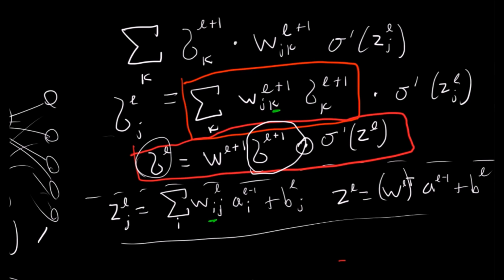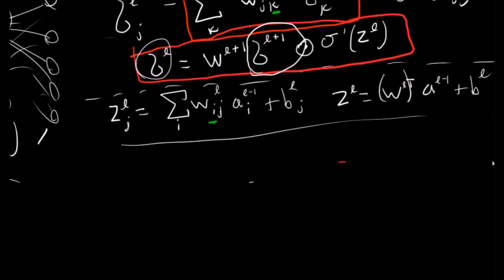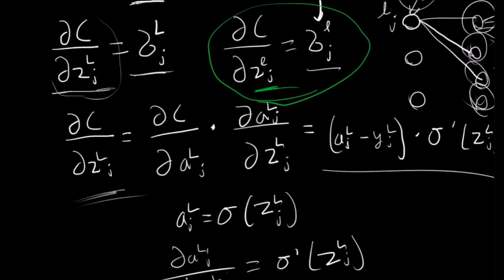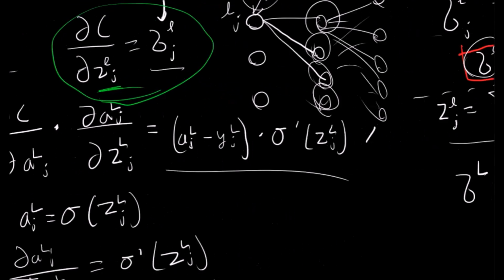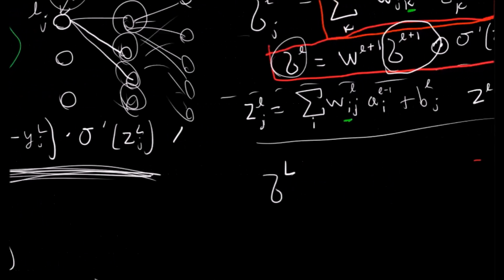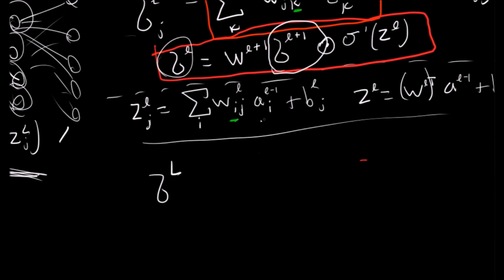So if we want to make this algorithm work and solve for all the deltas, we first have to solve for delta capital L. And we've already done that. It's right here. This is delta capital L. And so we simply plug this in for delta capital L minus 1, and we will be able to solve for all the delta L's.